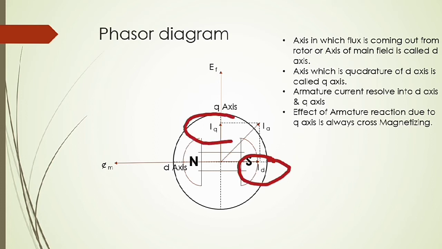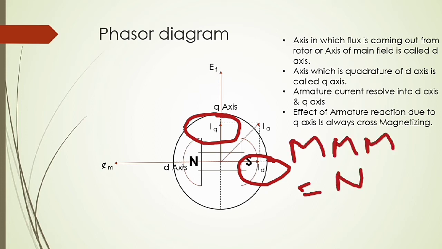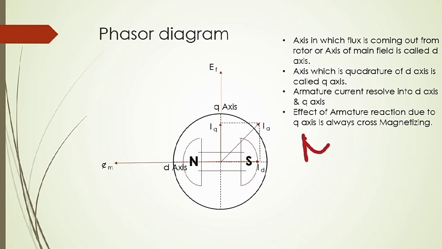So in the q axis the current is called the Iq, the q axis armature current, and in the d axis its component is Id. Here we see Id produces MMF, because we know MMF, the magnetomotive force, is equal to N into Ia. So in case of Id we will get MMF equal to N into Id.